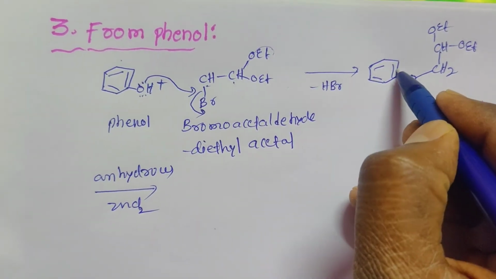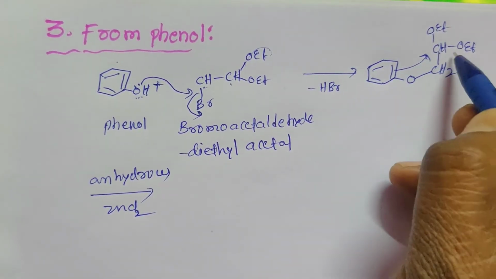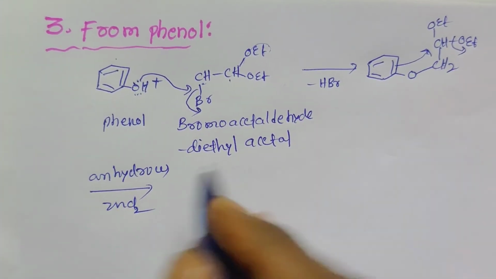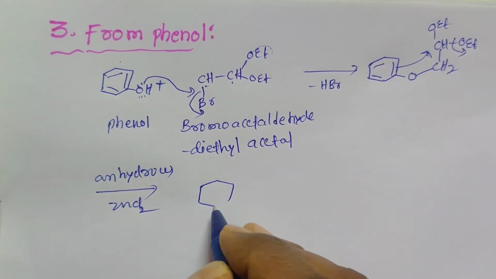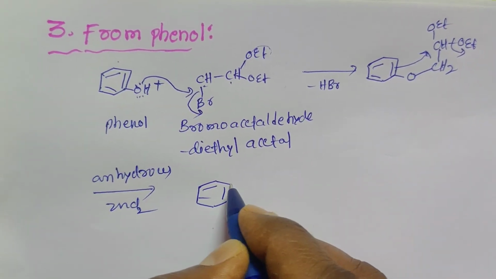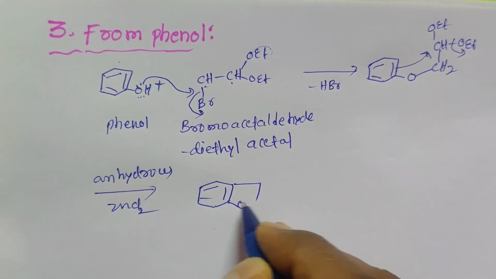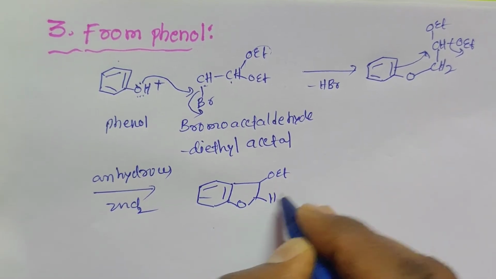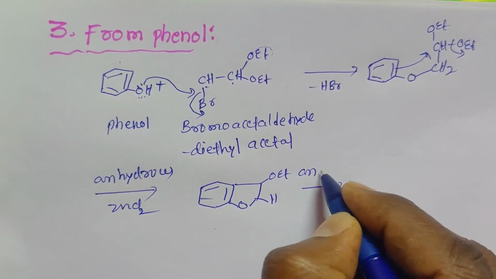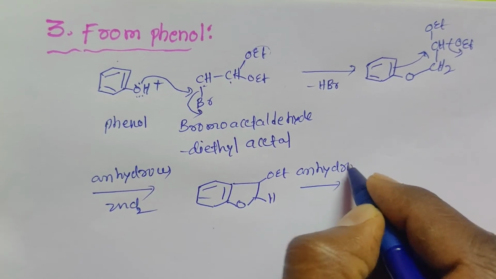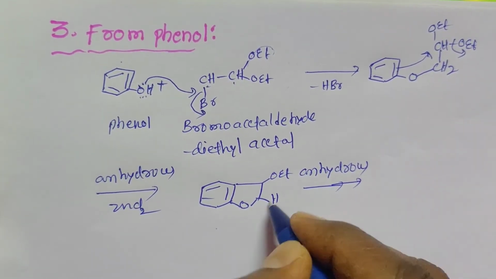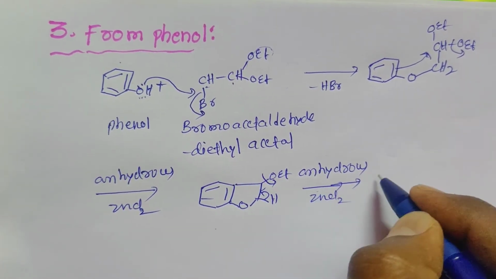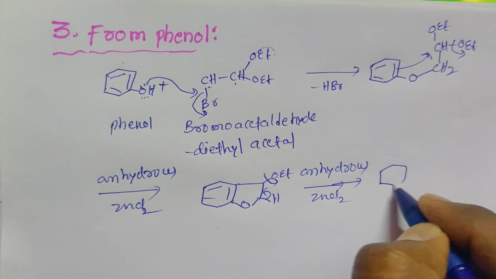Look here, and we know very well that ethoxy group is an easily leaving group, no? So that's why this one undergoes cyclization, and we get a product like this. In the next step, this one loses ethyl alcohol in the presence of anhydrous zinc chloride, and we get the benzofuran.